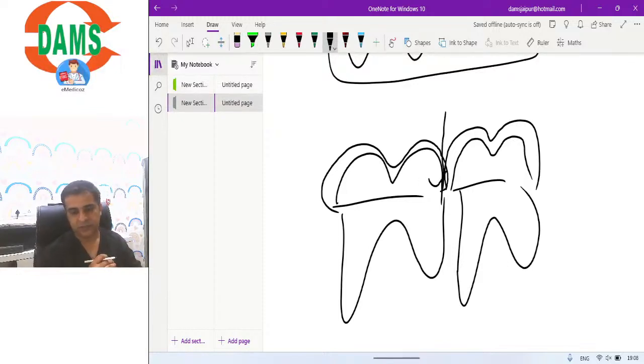So we have to slightly reduce more both the proximal surfaces, which have a contact point at D and E, right? Along with that, we have to slightly compress, you can say flatten out.